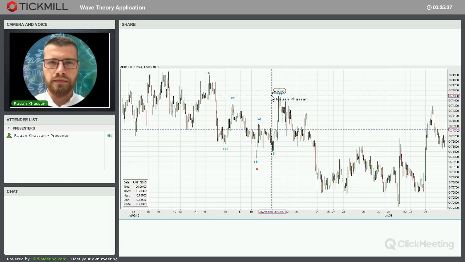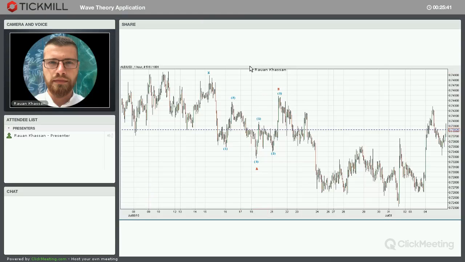From this point starts another decline. Once again, the three-wave descending structure is quite obvious.